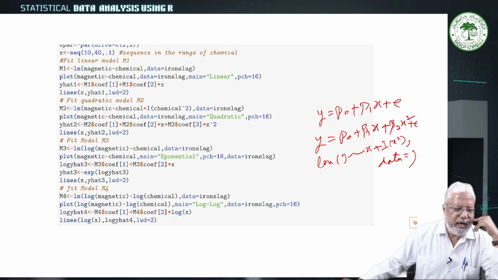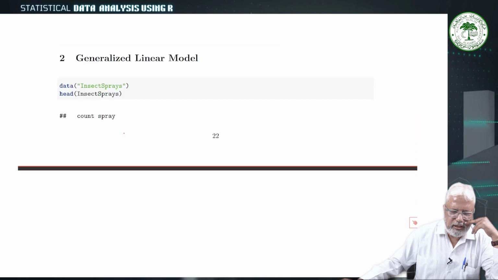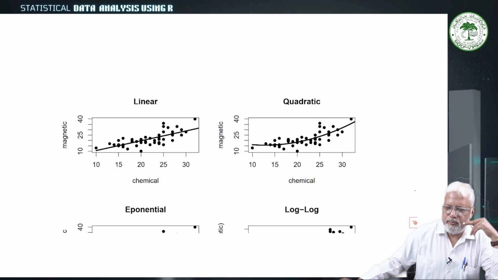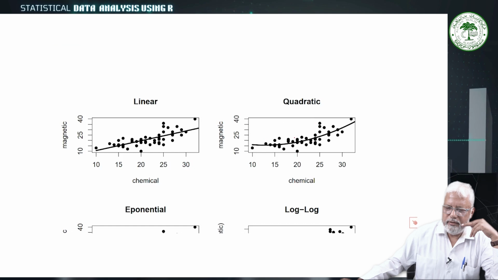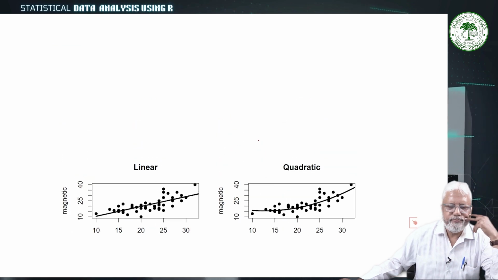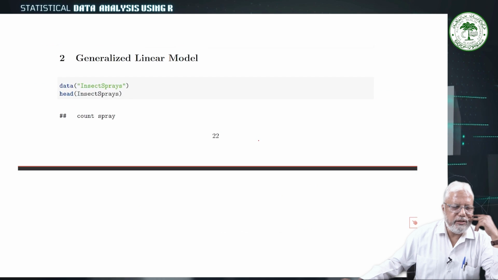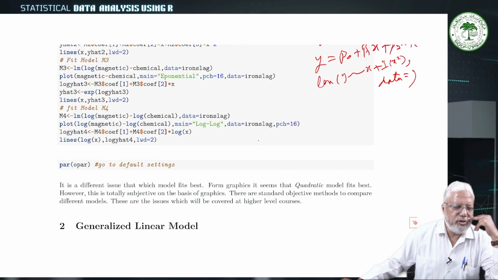Lines will add a line in the plot, x versus y hat 2, lwd equal to 2. This will generate this quadratic plot, and see, it fits somewhat better than the linear.